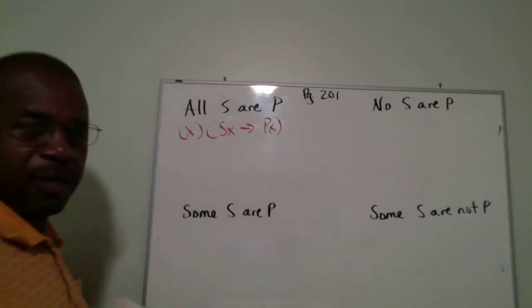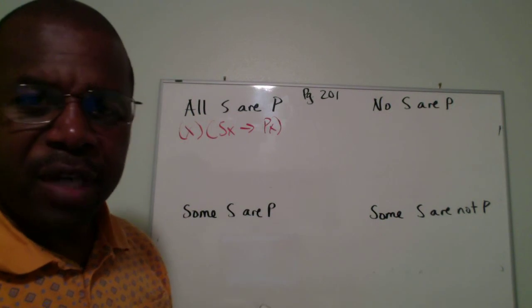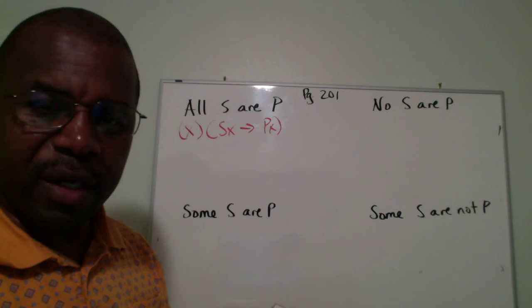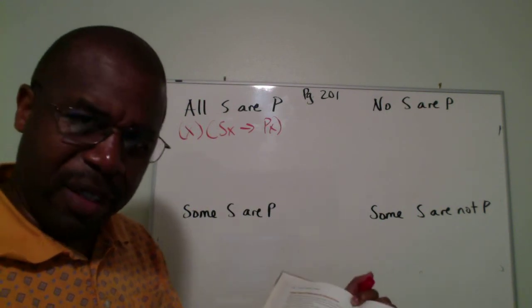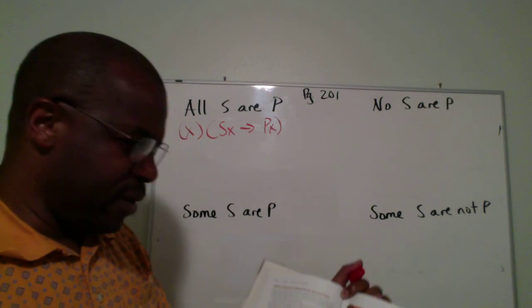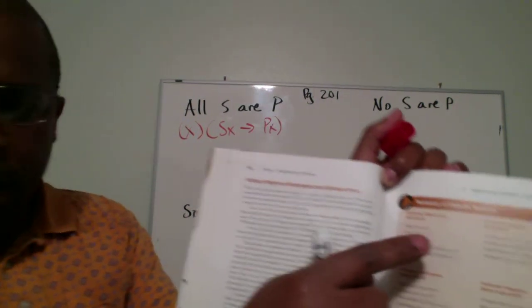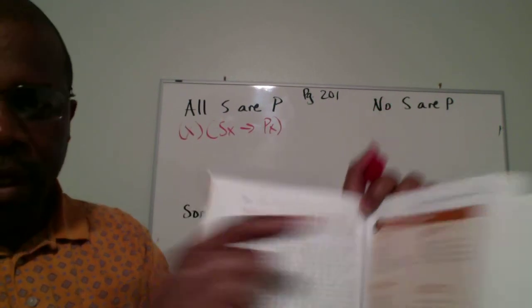And I assure you that most of the statements used in the section on predicate logic that are universal affirmative will be variants of what you see right here. Let me bring it closer. There'll be variants of what you see right there.